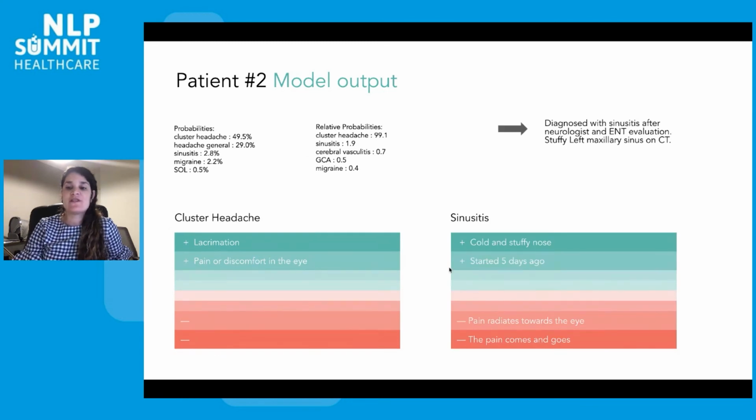But after a physical examination of a neurologist and the ENT, we found out that the patient was really diagnosed with sinusitis. So this is a case where we need to use the physical examination of the physician in order to determine what diagnosis the patient suffers from.